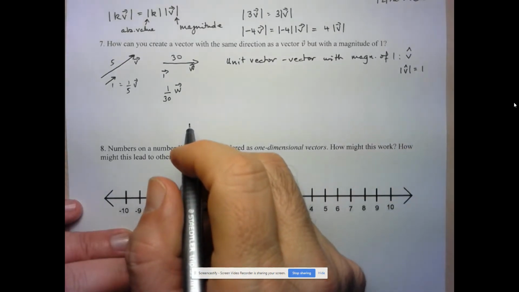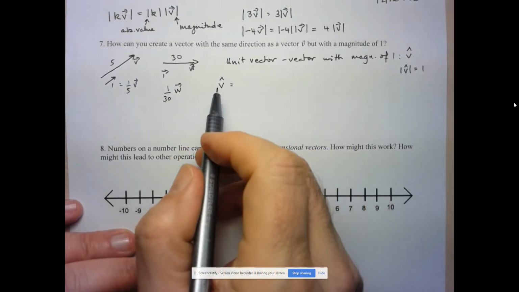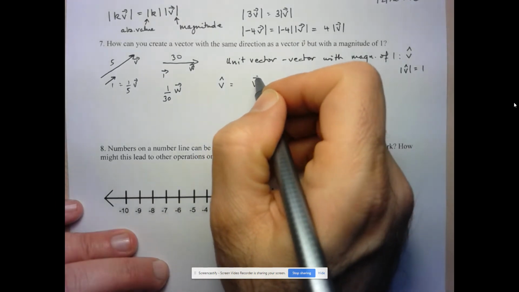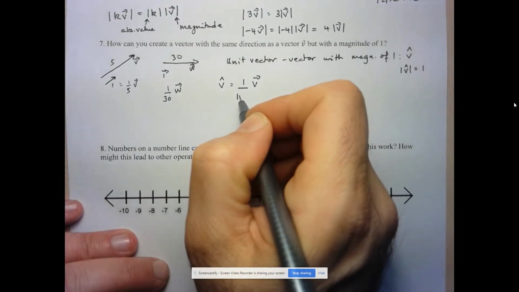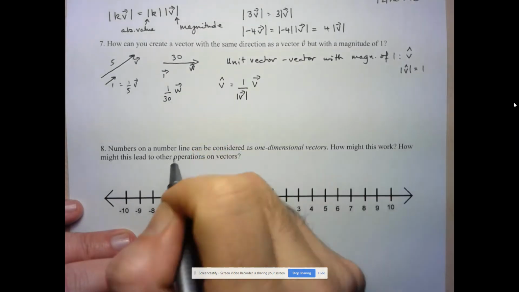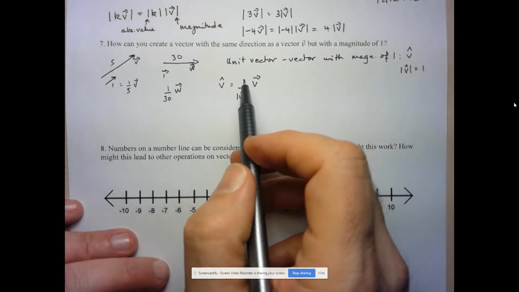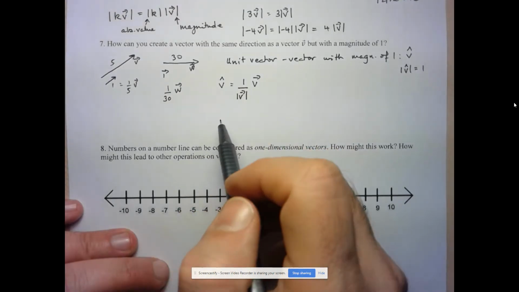If I want to create a unit vector in the same direction as v, I'm going to take my original vector v and multiply it by 1 over its magnitude. If the magnitude is 7 and I multiply the vector by 1 over 7, the new magnitude is always going to be equal to 1.